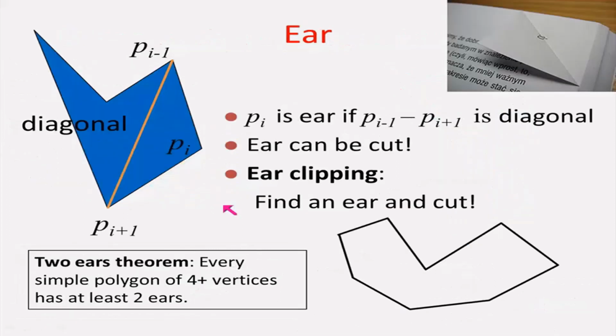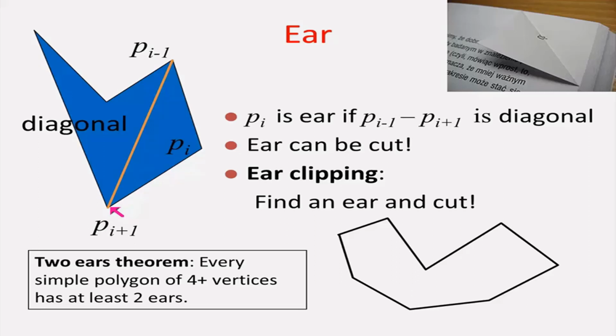This triangulation algorithm searches for special vertices called ears. A vertex is an ear by definition if the line segment connecting the previous and next vertices is a diagonal. According to the so-called two-ears theorem, every simple polygon of at least 4 vertices has at least 2 ears.